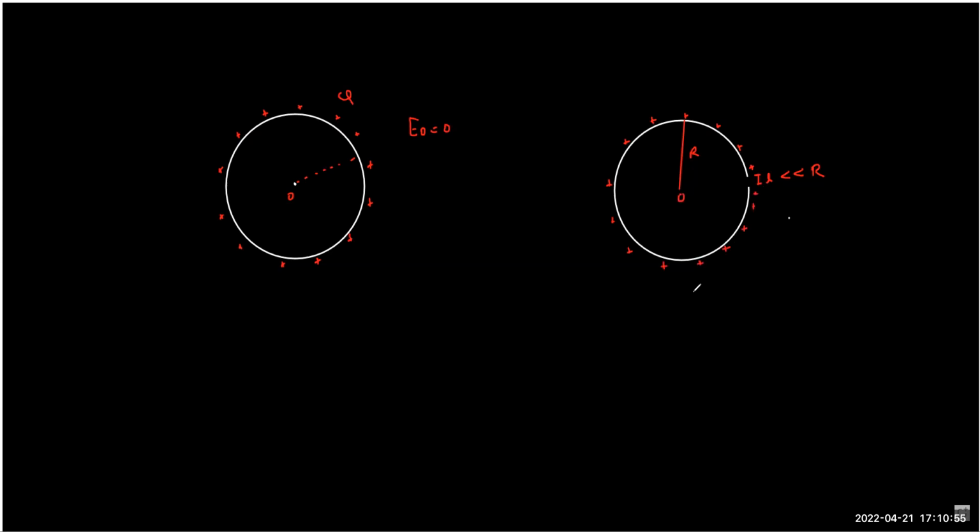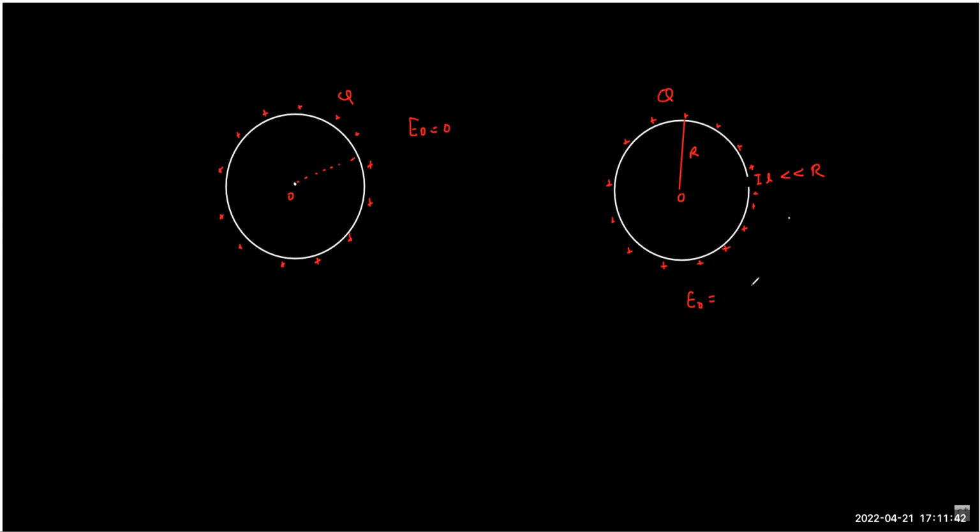So what is the electric field at the center? Sir, is it like KQ by R square, where Q is the total charge of the body, divided by 2 pi R into L?